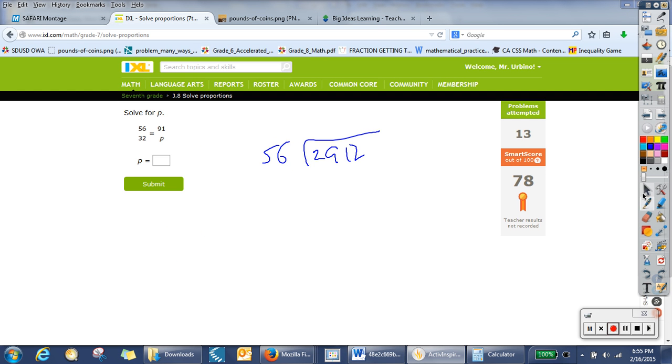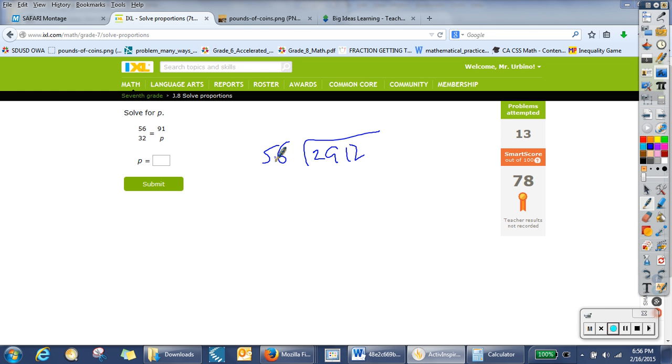Alright. Do our problem here. So we've got 56. Let's see. Alright, I know that 56 can't go into 29. So we have to start off on 291. So 56 goes into 291. I'm not sure. If I round this off, let's just say this is 60 and let's say that this is 300.